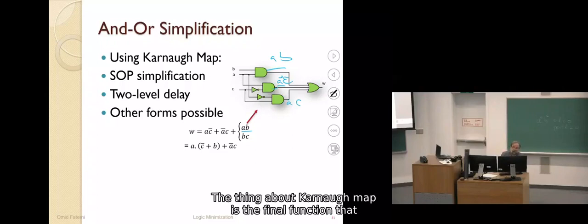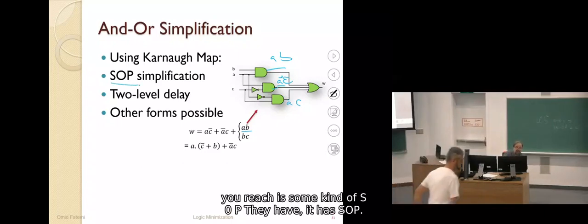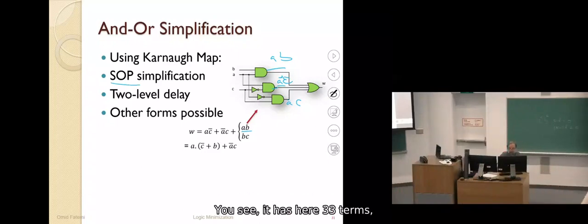The thing about Carnot map is the final function that you reach is some kind of SOP. You see, it has here three terms, an SOP of three terms.